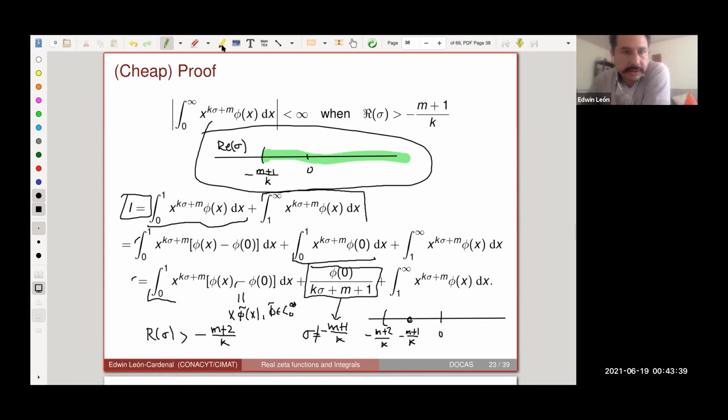So this set, well, that should be a blank point here. So what we make with this computation is to extend the original definition of my integral to the left.